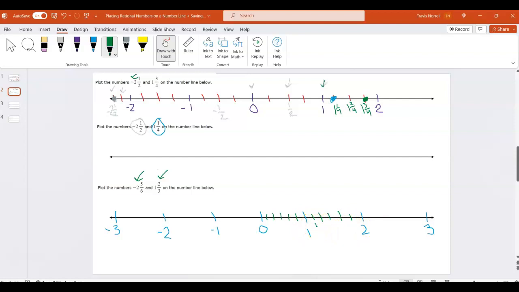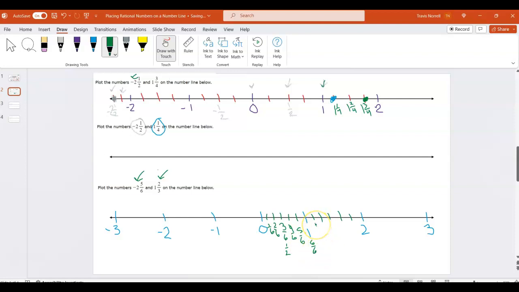So 1/6, 2/6, 3/6 is going to be 1/2, because remember 3 is half of 6. 4/6, 5/6, 6/6 is 1 whole.